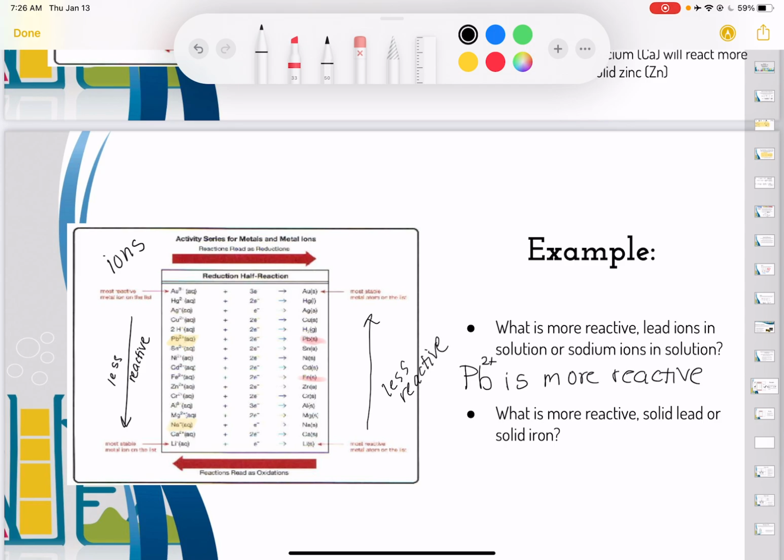So what is more reactive between those two? Iron is lower on the table than lead, and this table goes from most stable to most reactive. So out of those two, iron is more reactive.